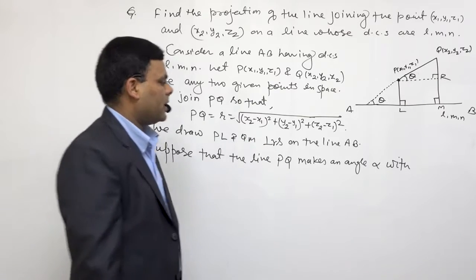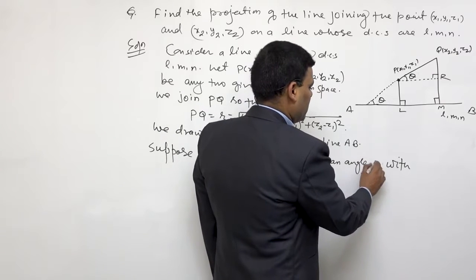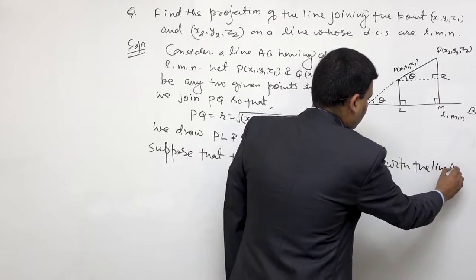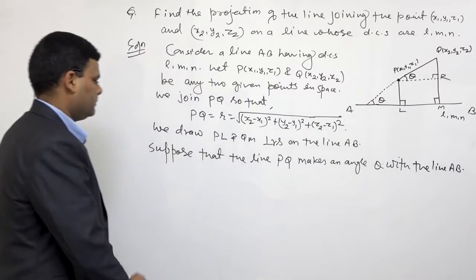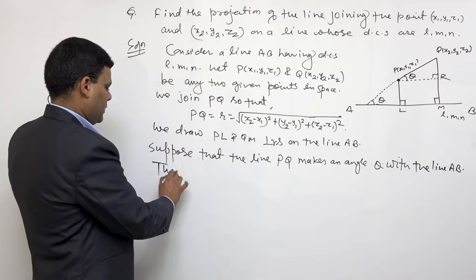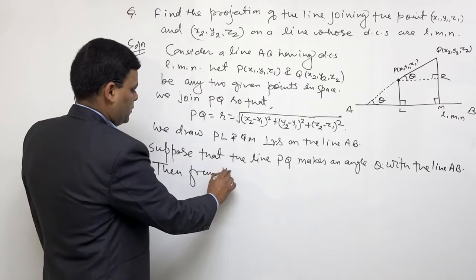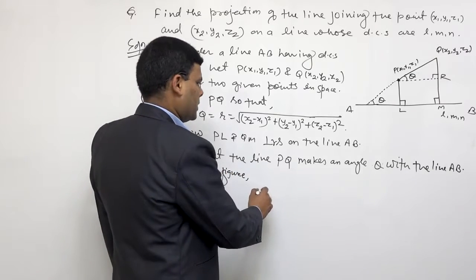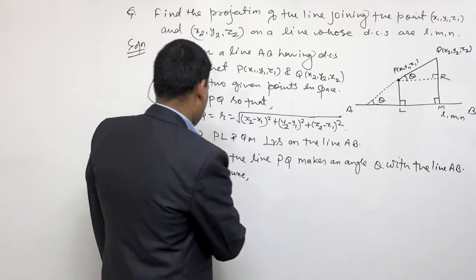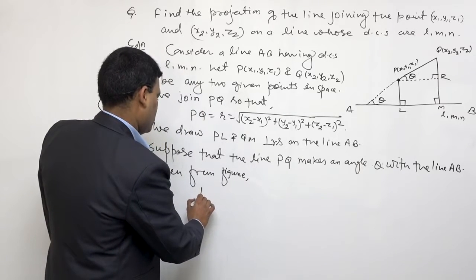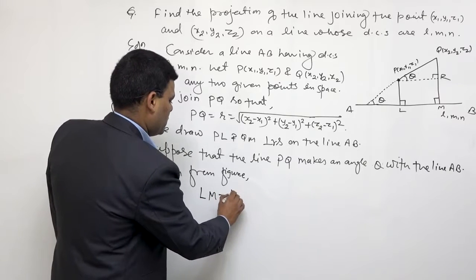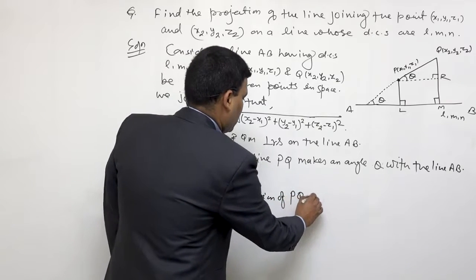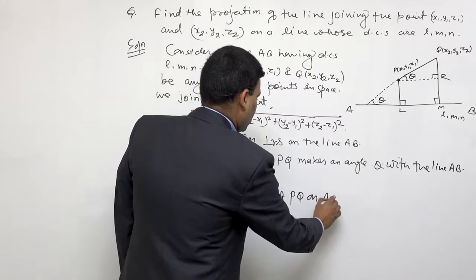Suppose that the line PQ makes an angle theta with the line AB. Then from the figure, LM equals the projection of PQ on AB.